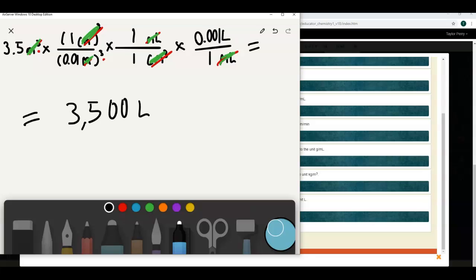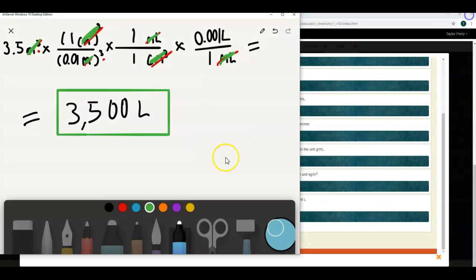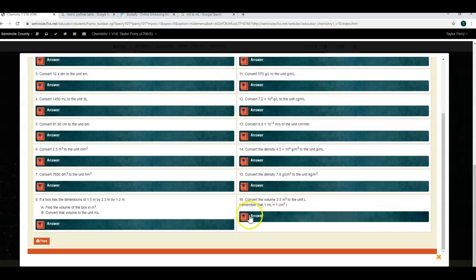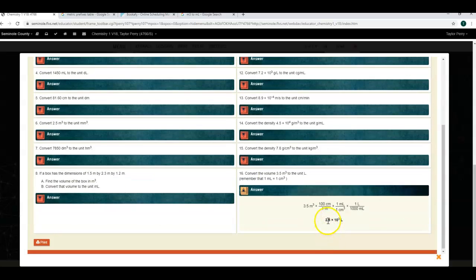Don't forget to put your unit of measurement. That's the whole reason we did all this, to get our correct unit of measurement. So 3,500 liters. Let's see if we got that right. So they put 3.5 times 10 to the third power. That is the exact same thing, and I'll show you why.